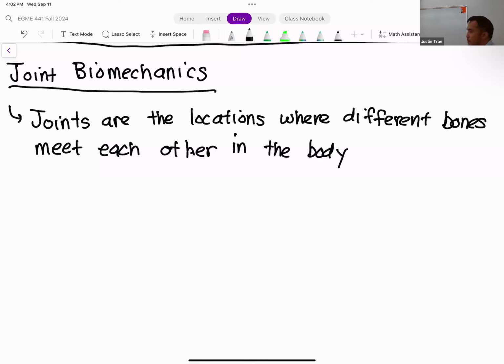Whenever two different bones meet, the location of where they meet is called a joint. Another thing that joints are useful for is that they locate the marker where the body transitions from one segment to the other.